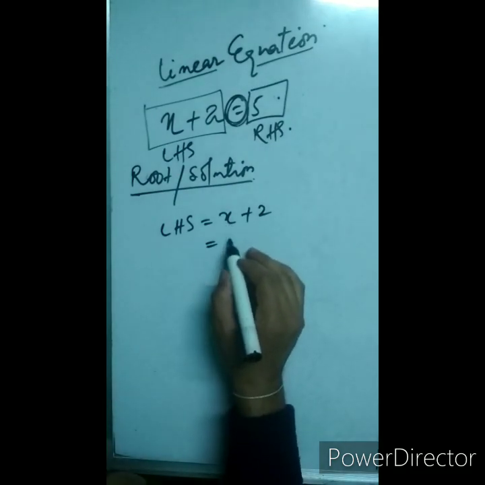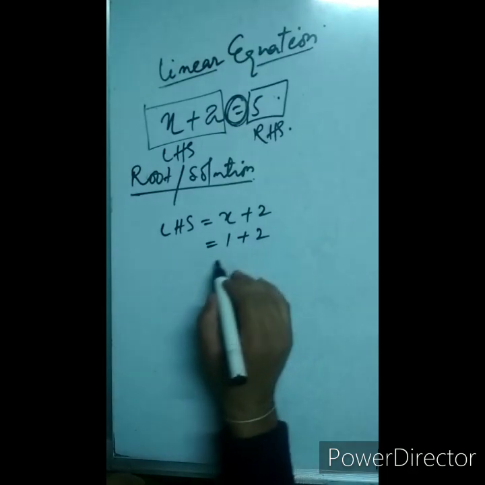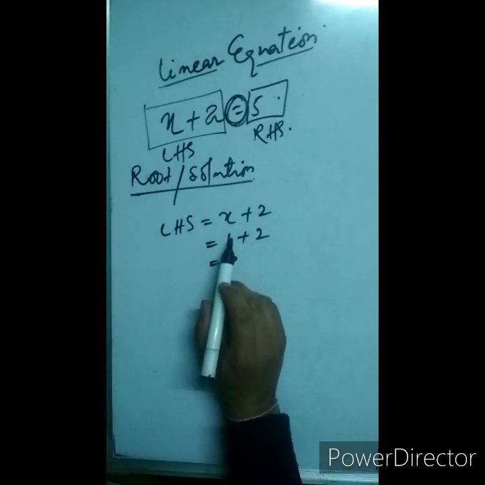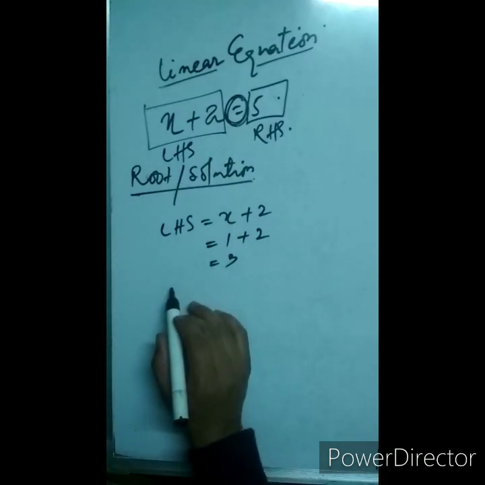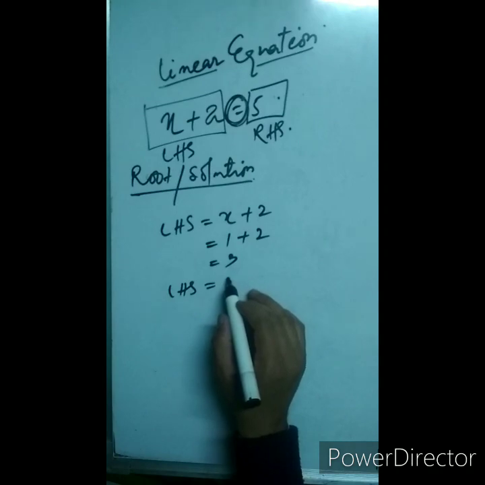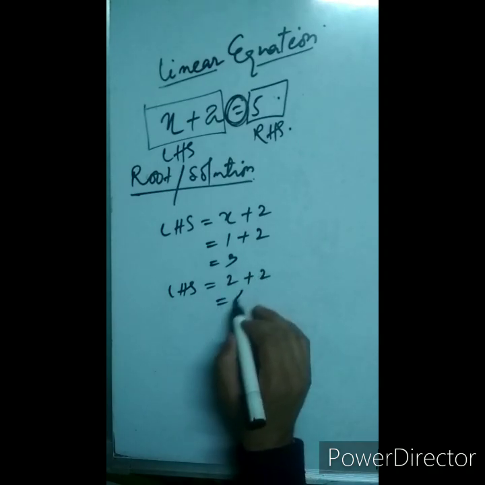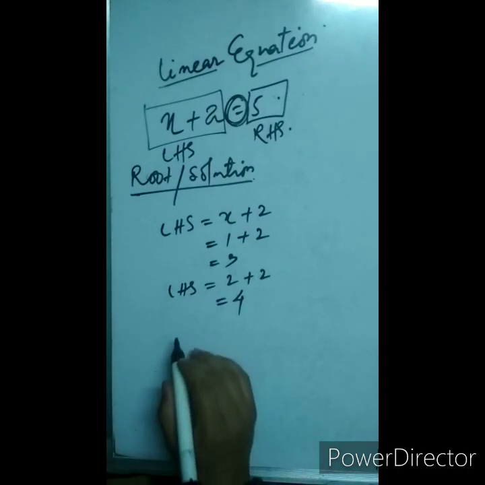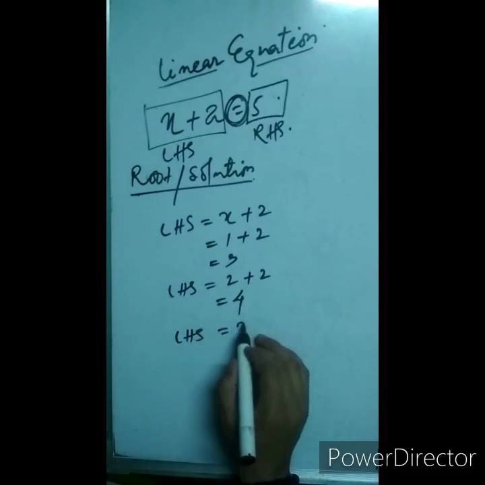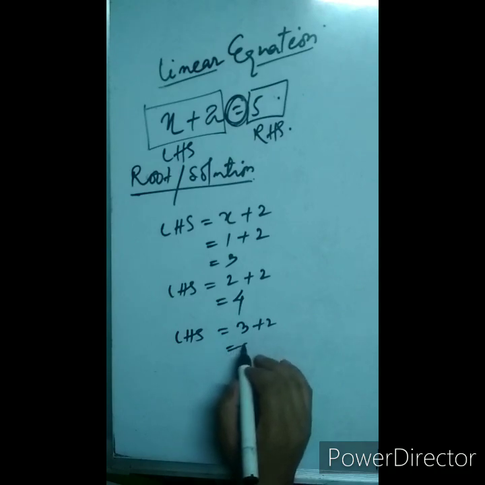Then I get 3. Next I replace the value of x as 2, so I get 4 on the left hand side. And again I replace the value of x as 3. Then 3 plus 2, I get 5.